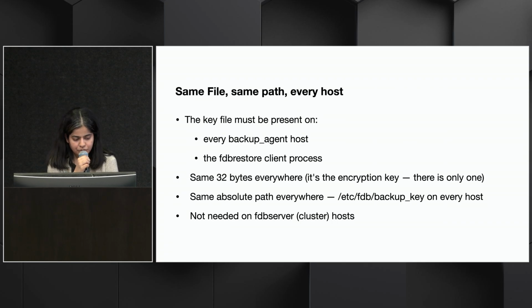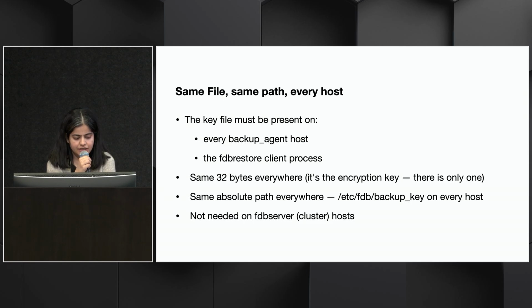Next is how to deploy the key file. The key file has to be at the same absolute path on all the hosts that need this key. The hosts that need this key are, first, the backup agents, because we have discussed earlier that backup agents are the ones who copy the data, so they are the ones who encrypt and decrypt.